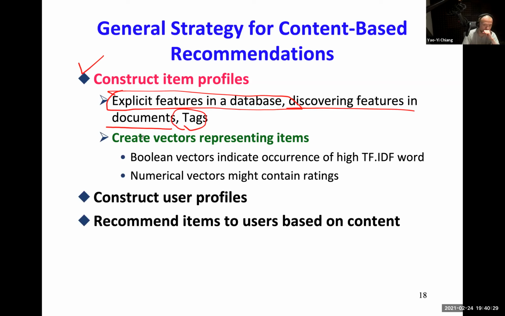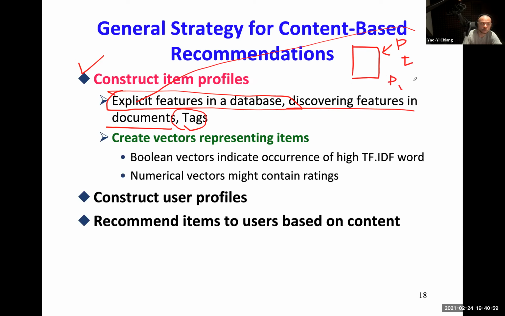So what does this mean? Imagine you're managing a news archive database, and you want to build a recommendation system to recommend archived news to a user. Each news article will have some metadata that will be your explicit features in the database. Metadata could be publisher, time, and what else? Type, right?